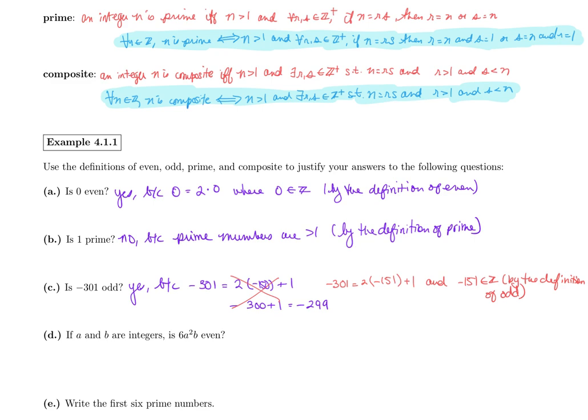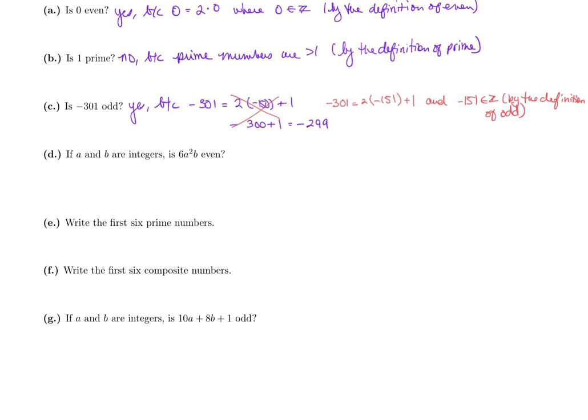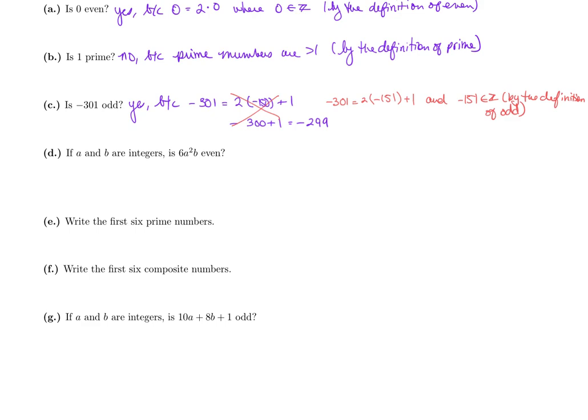So now that we've looked at some different values for possible even and odd numbers, let's try a couple of other concepts with evens and odds and primes and composites. If I know that a and b are integers, is 6a squared b even?